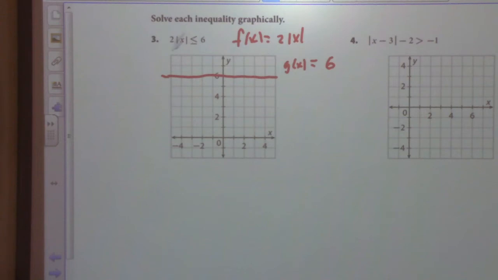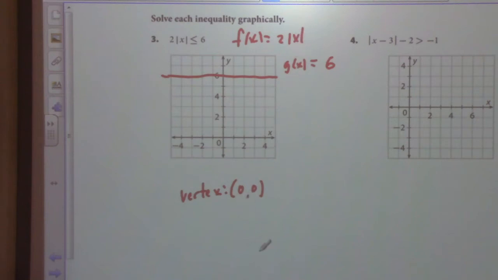And then what does the graph of this 2 absolute value of x look like? What is our vertex for this one? 0, 0, right? Why 0, 0? There's nothing outside, which means k is 0, and also there's nothing plus or minus inside the bracket either.